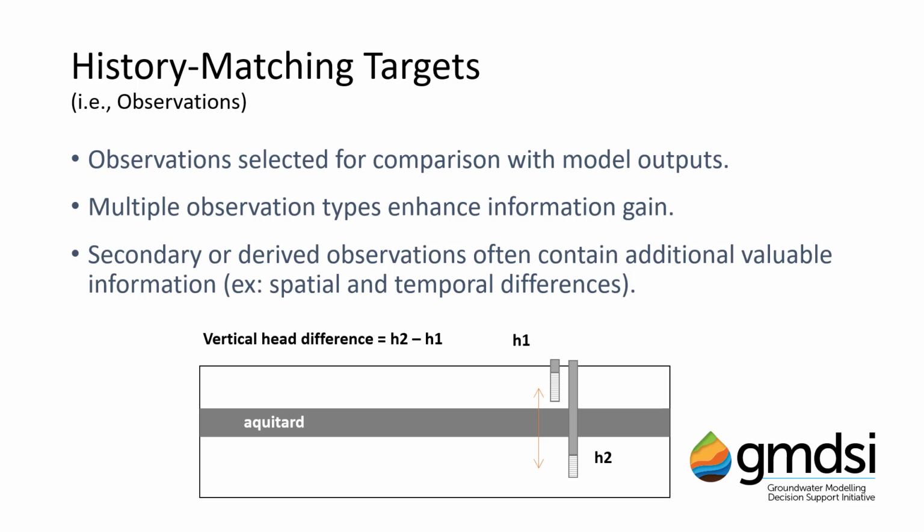On a side note, not many groundwater model graphical user interfaces, so GUIs, provide options to configure these types of more creative observations. Often it'll be necessary for a modeler to calculate secondary observations themselves. In an automated parameter estimation context, this requires additional software or scripts that automate the post-processing of model outputs into these secondary observations.